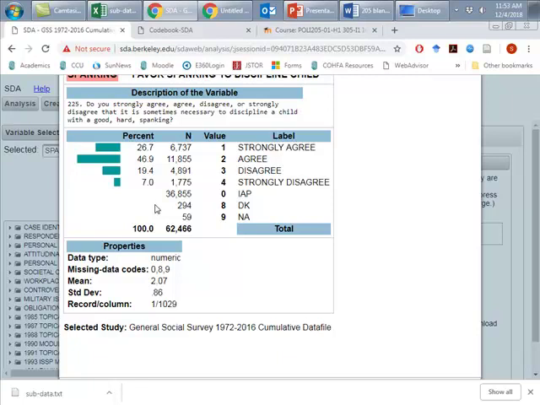About 73% either agree or strongly agree. And about 26.5% disagree.